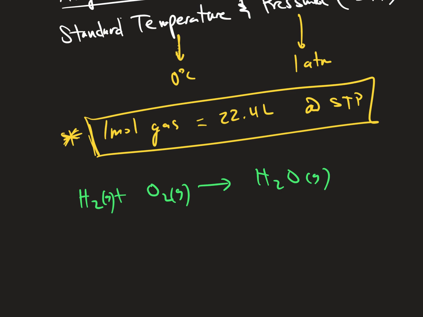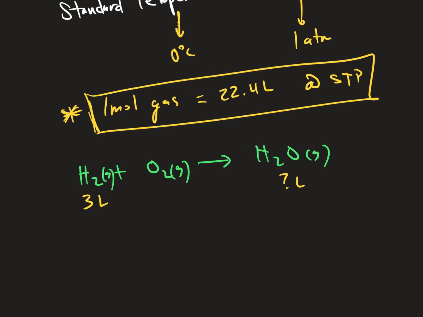Let's say we start with 3 liters of gas, because we usually don't measure gas in grams. If we have 3 liters of hydrogen gas, and we want to know how many liters of water we will make, what's our first step?